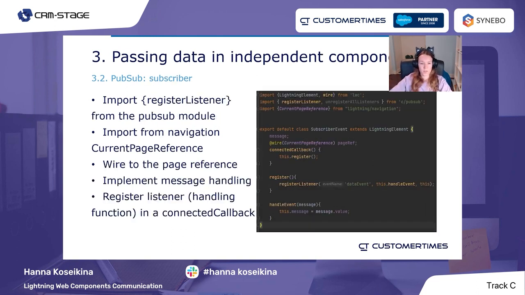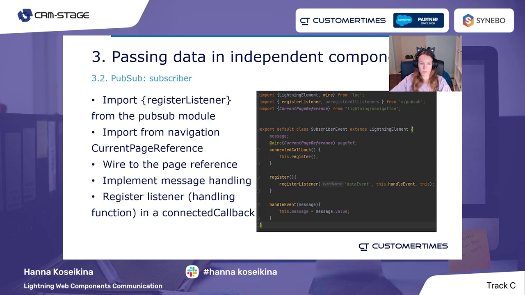And in a subscriber, we do the following. We import registerListener from PubSub, and if needed, unregisterAllListeners. Import from navigation, again, CurrentPageReference, wire to it, and we implement some message handling and registerListener in connectedCallback.